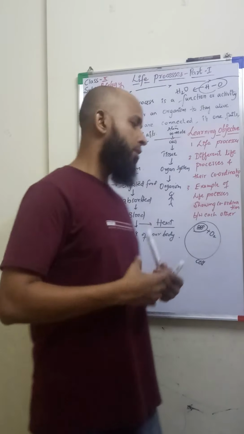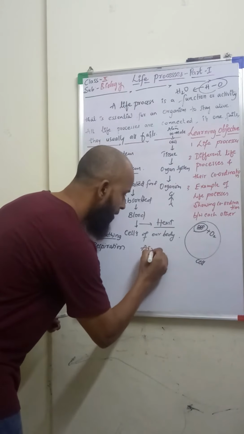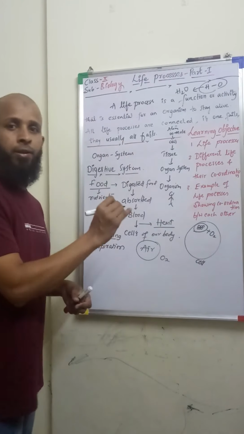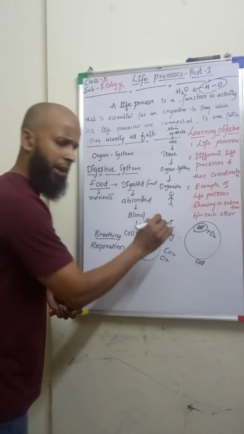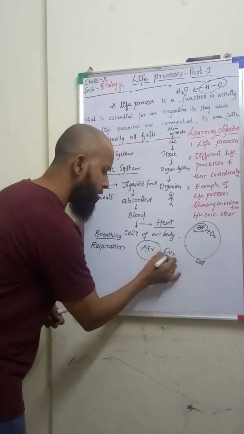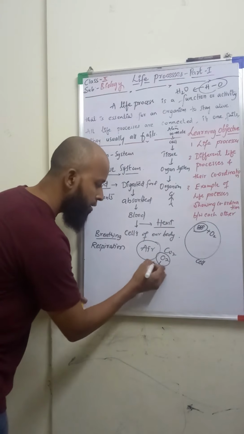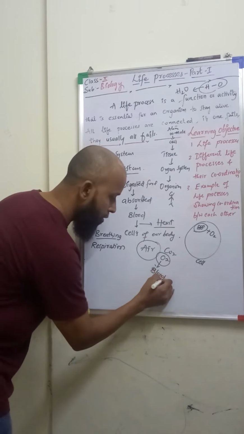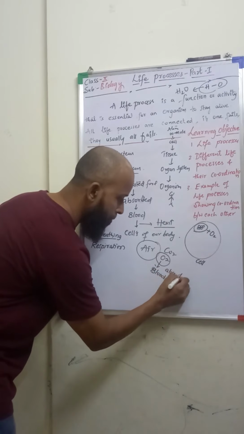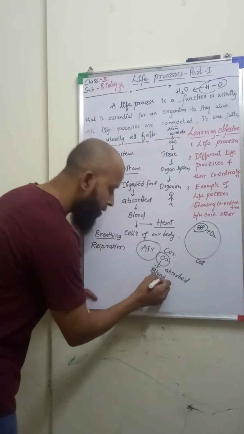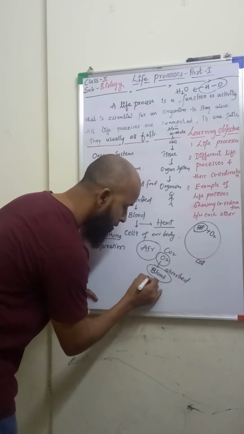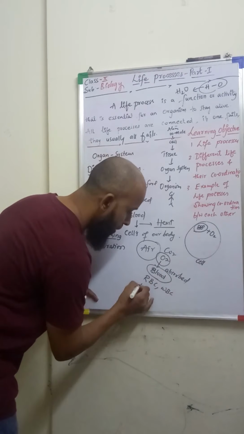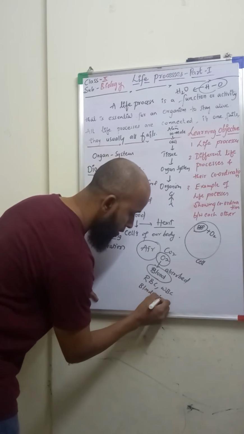From the lungs, the air is a mixture of gases. Okay, the air contains oxygen as well as carbon dioxide, right? So now this oxygen is absorbed into the blood. The blood contains different cells like RBC, WBC and blood platelets.